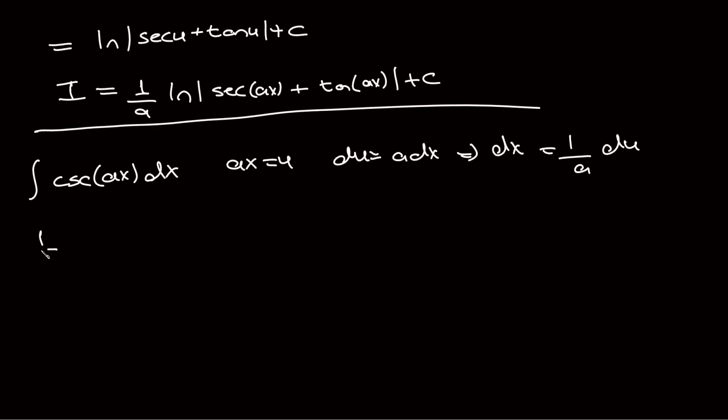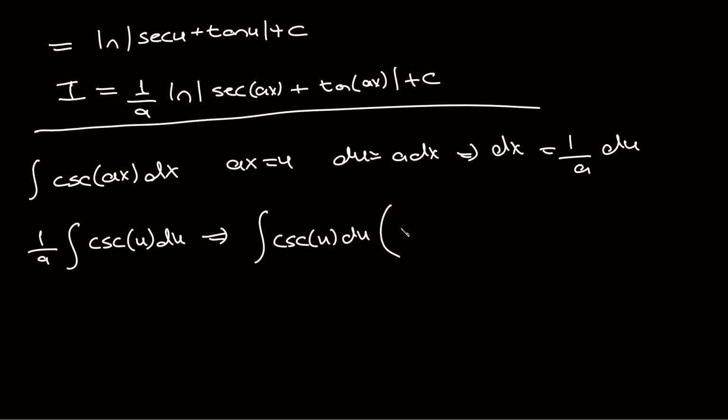Again, this becomes 1 over a integral cosecant of u du. Let's focus on cosecant u du. I will multiply this with cosecant u plus, this time, of course, cotangent u, because again, when I call the denominator z and use a substitution, it will give the numerator.